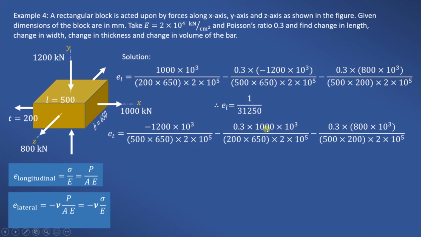Just put corresponding values of load, Young's modulus and cross-sectional area. And this is strain due to the 800 kilonewton load. But because of the 800 kilonewton load, strain in thickness is lateral strain. That's why it's not P upon AE, it is nu times P upon AE. And lateral strain is always opposite.